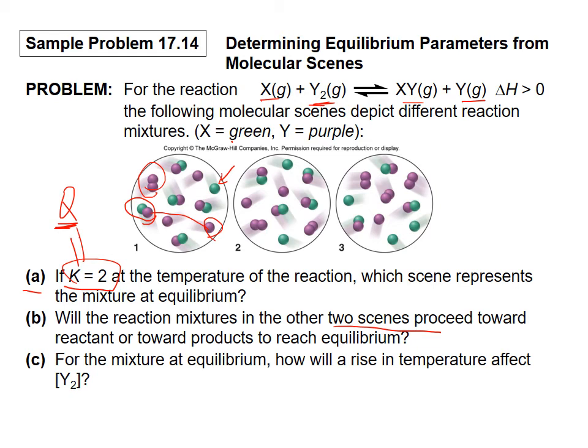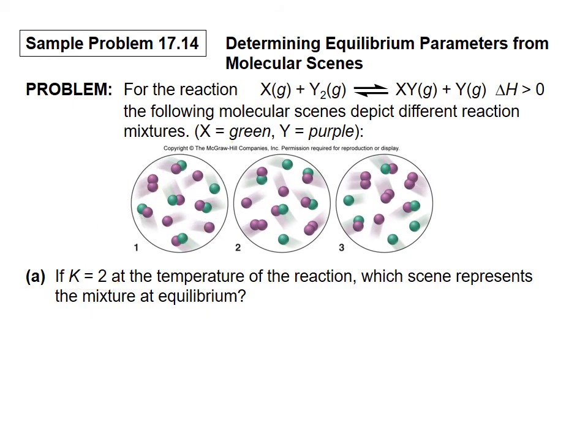And the last one, for the mixture at equilibrium, how will a rise in temperature affect Y2? So this is about a disturbance. The reaction is already in equilibrium, and you have a disturbance, and you want to know how that affects the reaction. So we just learned Le Châtelier's principle. We are going to calculate Q and find which one is at equilibrium and which one is not, and then use Le Châtelier's principle to answer question C.